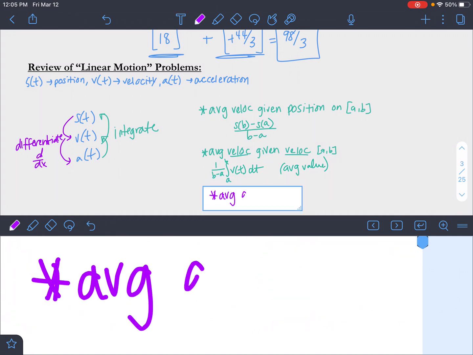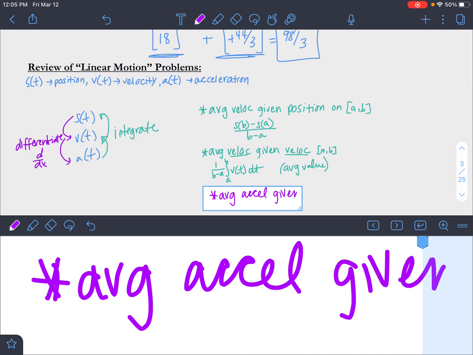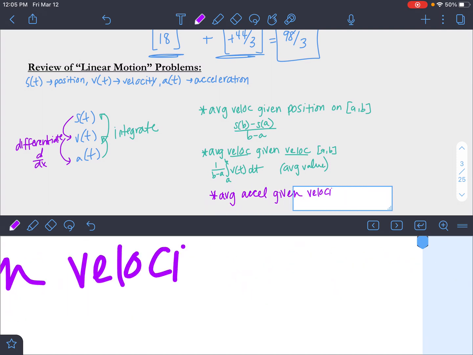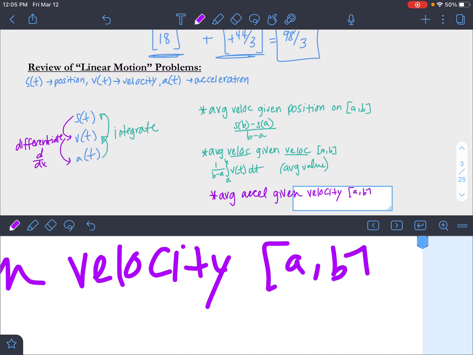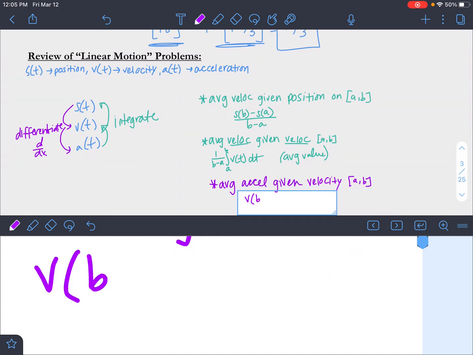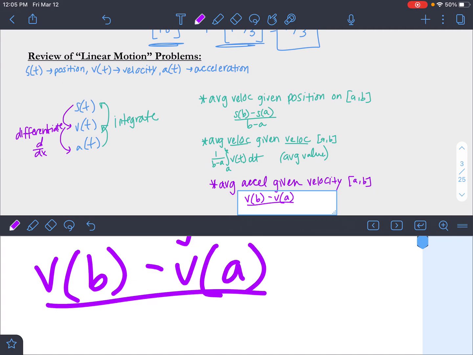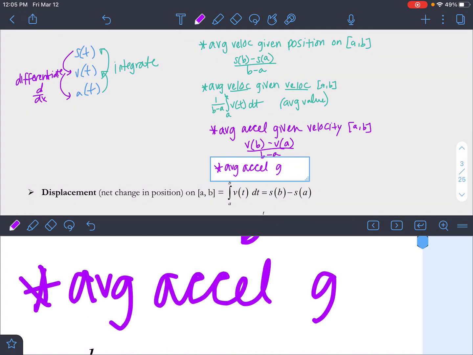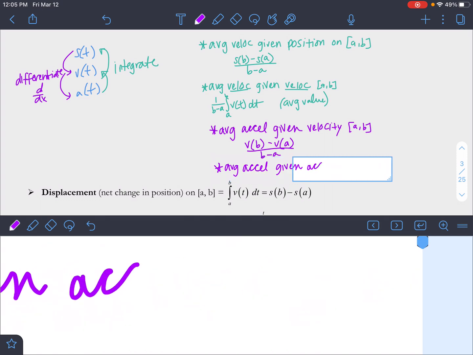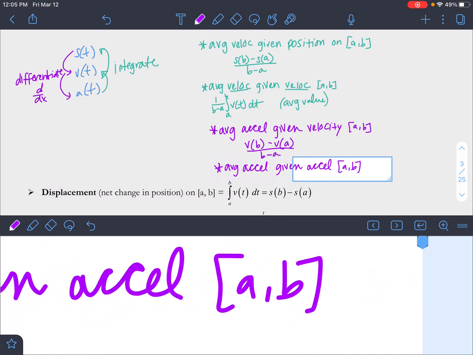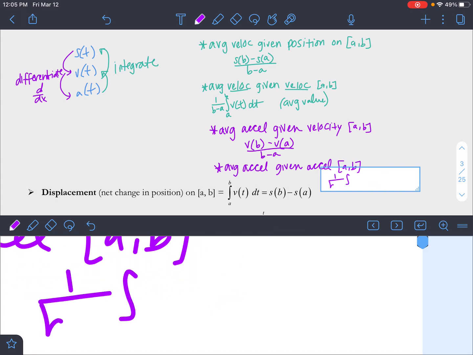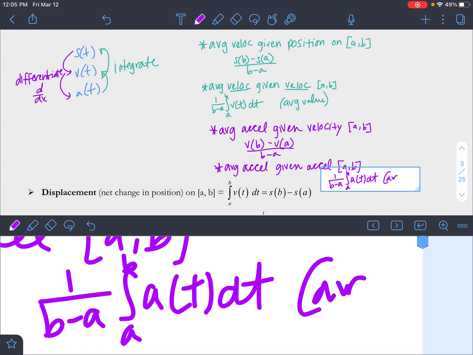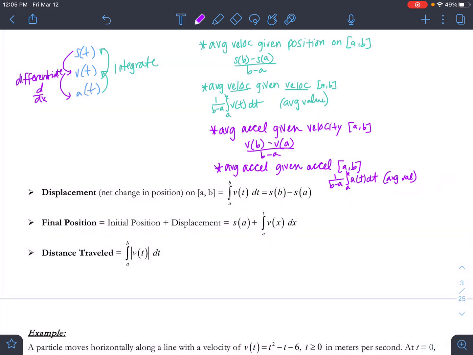Okay, if I ask you for the average acceleration given velocity, so given kind of one function below on A to B, then we would do average rate of change of velocity, over B minus A. If I ask you for average acceleration and you're given the acceleration function, that's all you have on A to B, then again, this is 1 over B minus A, integral from A to B of A of t dt, AKA finding the average value of acceleration.